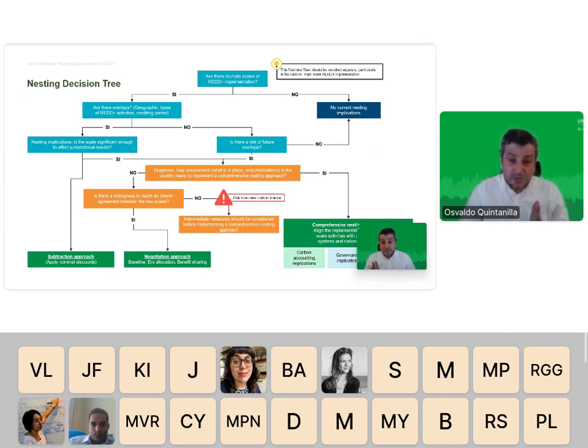It might use this tool to identify where overlaps occur and decide whether to adopt a comprehensive nesting system or even negotiate an agreement or determine intermediate measures. On the other hand, in a country just starting out with only a national program, the decision tree would confirm there is no need for nesting yet, but it should be revisited as new projects emerge.